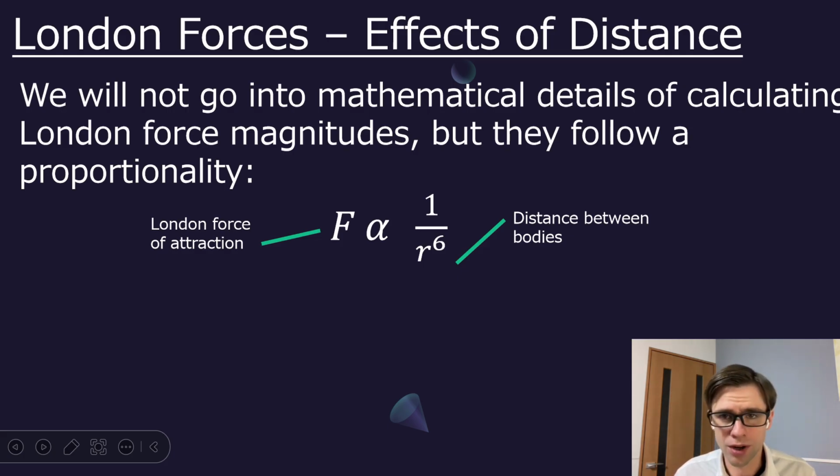You might remember 1 over r squared, which is what we did for ionic bonding, the relationship between the force and ions. This one is different. They're not permanent ions. They're weak, instantaneous, and induced dipoles. So instead of 1 over r squared, we have 1 over r to the power of 6.